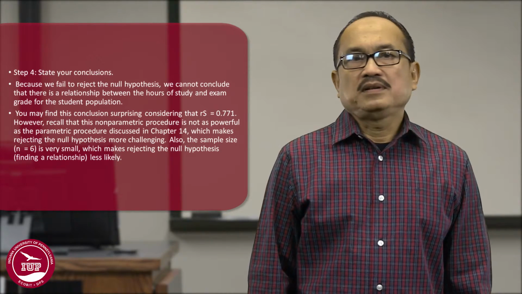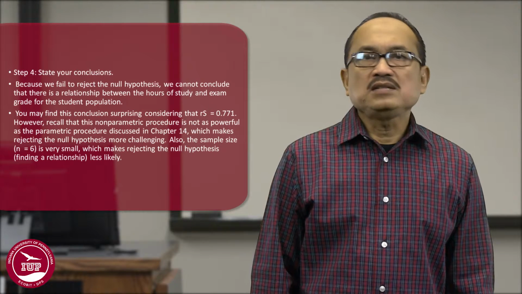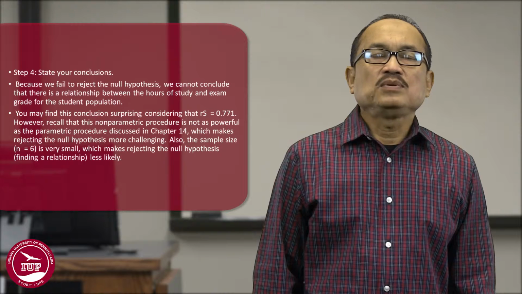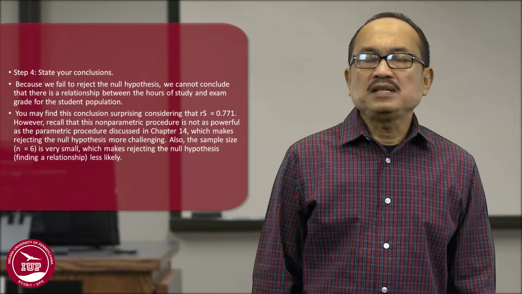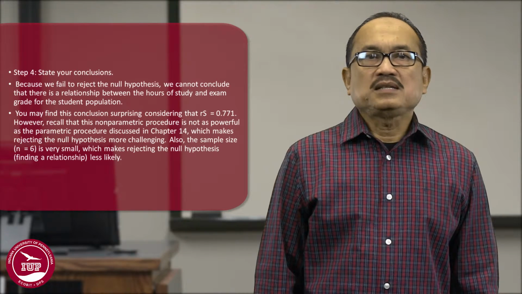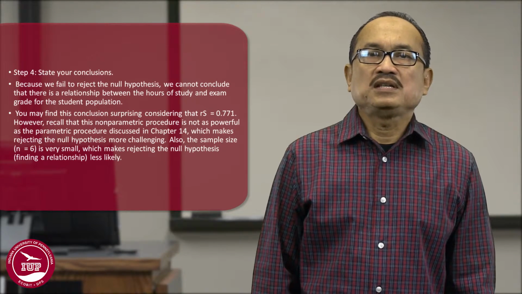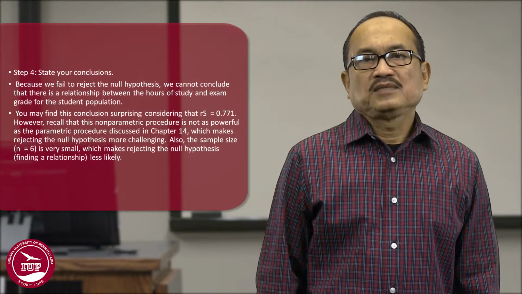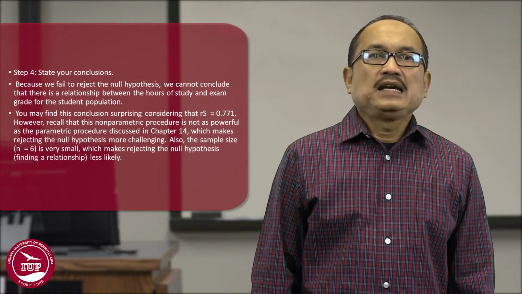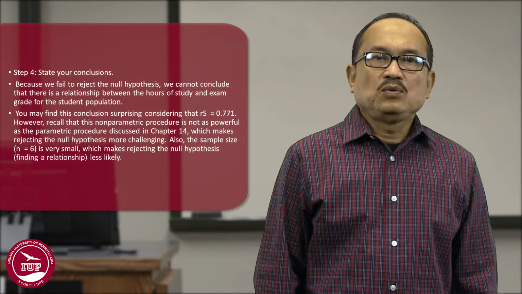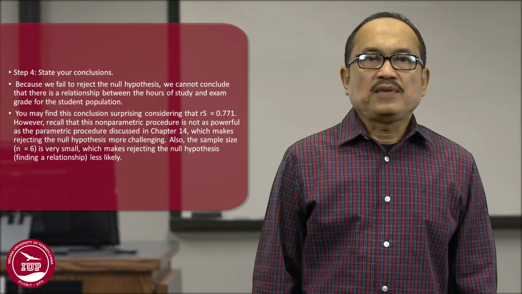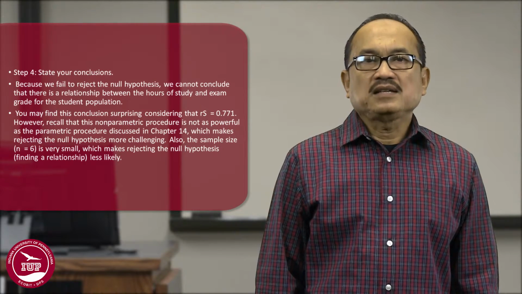However, recall that this non-parametric procedure is not as powerful as the parametric procedure discussed in chapter 14, which makes rejecting the null hypothesis more challenging. Also, the sample size n equals 6 is very small, which makes rejecting the null hypothesis or finding a relationship less likely.